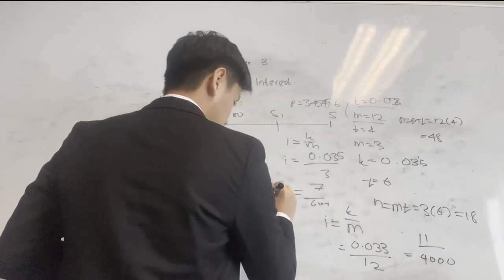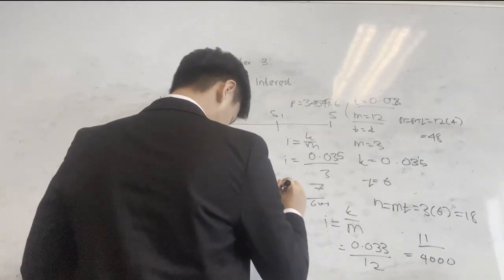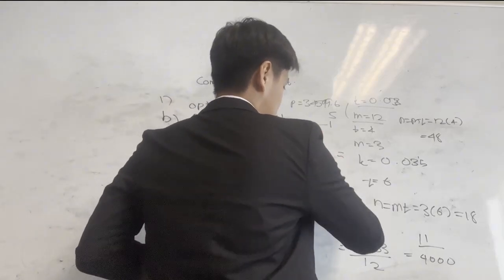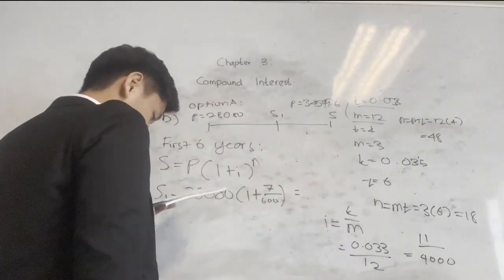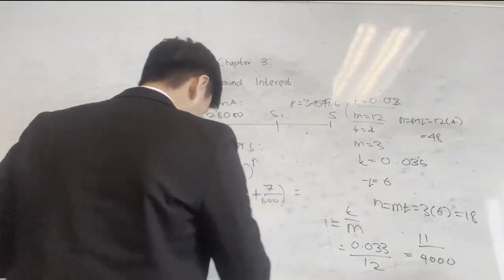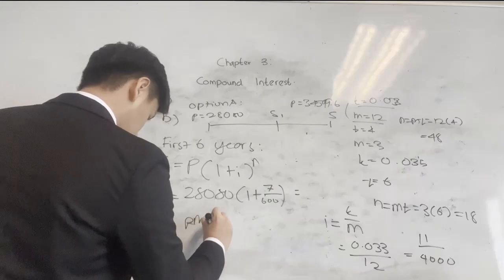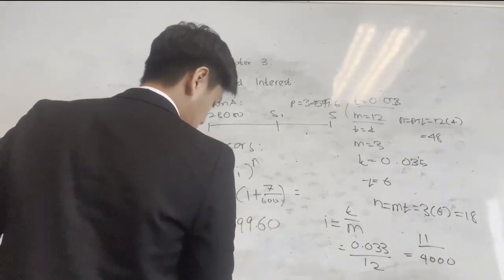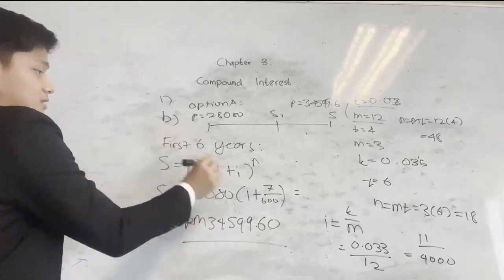So we put it here, 600. Then we got RM 3459.960. This is the final answer for the first 6 years, okay?